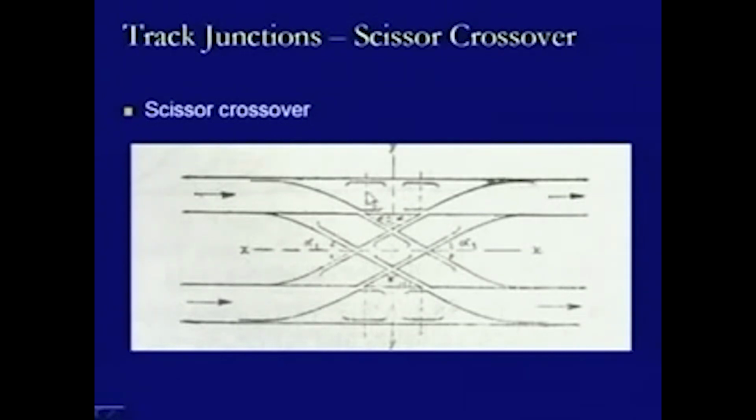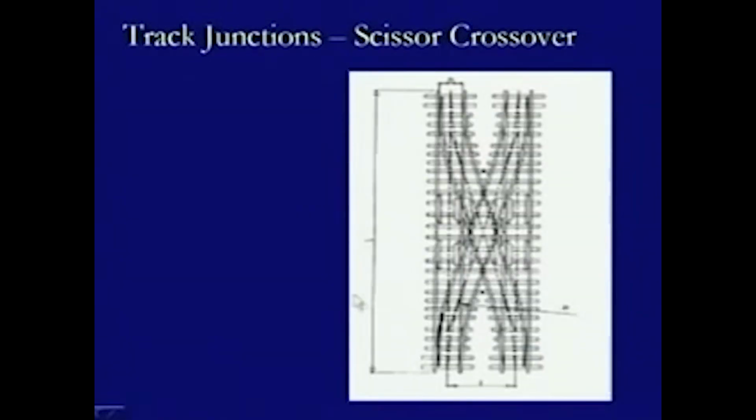There are 2 pairs or 2 sets of check rails provided here. This is one and this is one, this is another and another. So, these are the pairs provided here. Thus, this is another diagram of a scissor crossing, trying to depict the locations of points, switches, crossovers, and the type of accessories required at those locations.